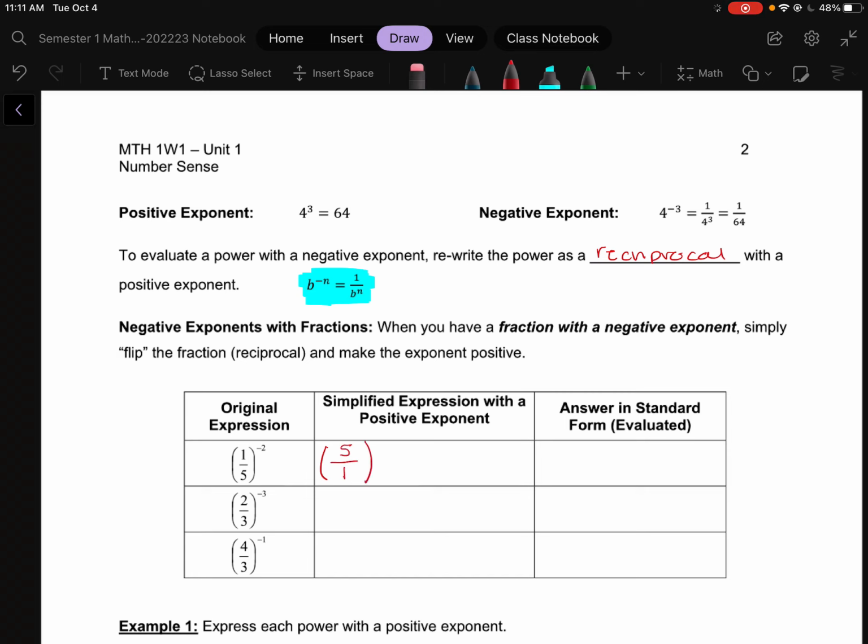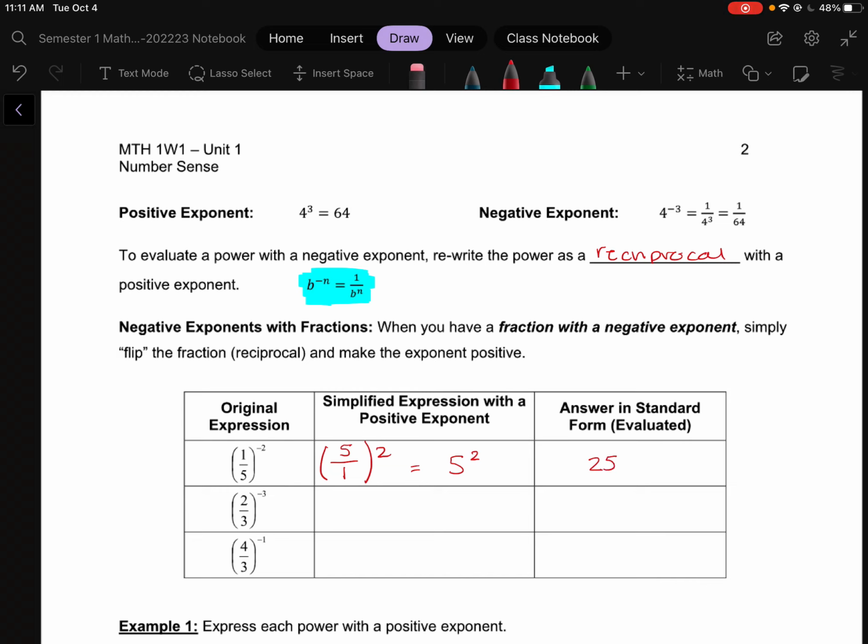And we change our exponent to now a +2. And if we were to just rewrite this, it'd be 5 to the power of 2. Now we have our answer in standard form. 5 to the power of 2, so 5 times 5 is 25. Same thing for the next one.